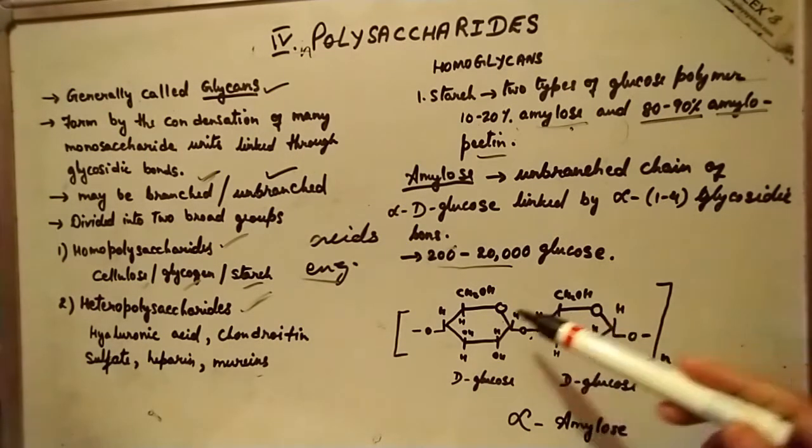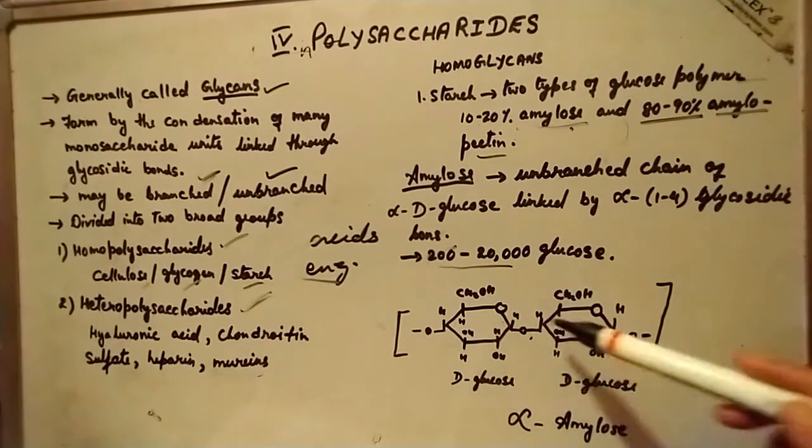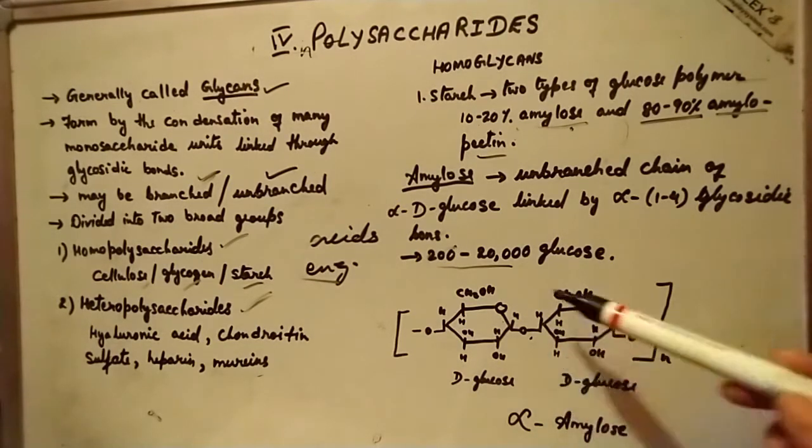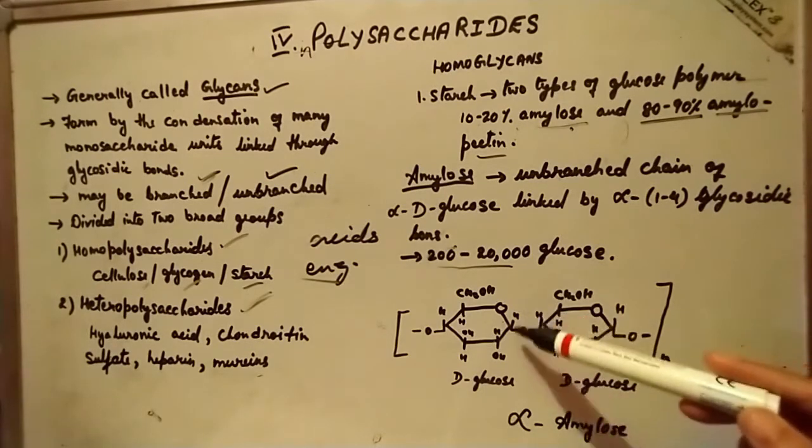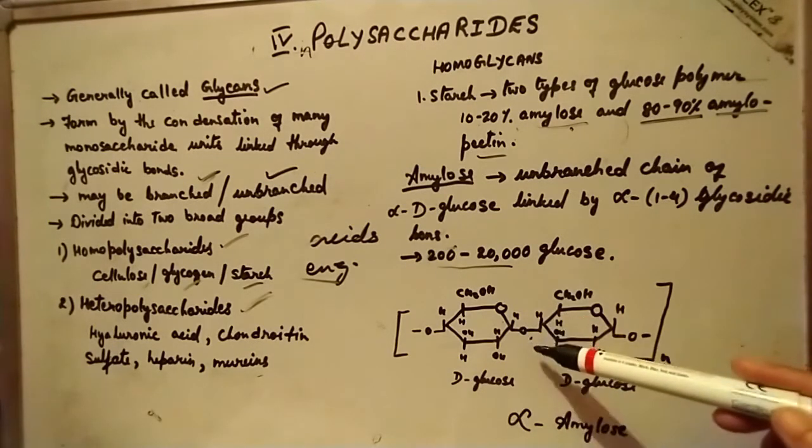Just remember, it is unbranched and it is a helical structure formed due to the bond angles, and the glycosidic bond involved is the alpha 1,4.